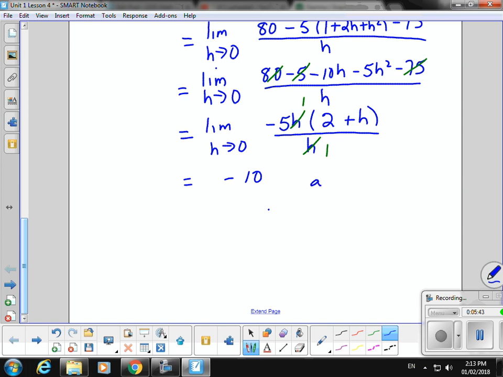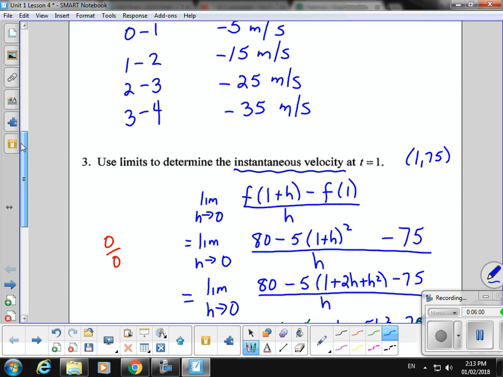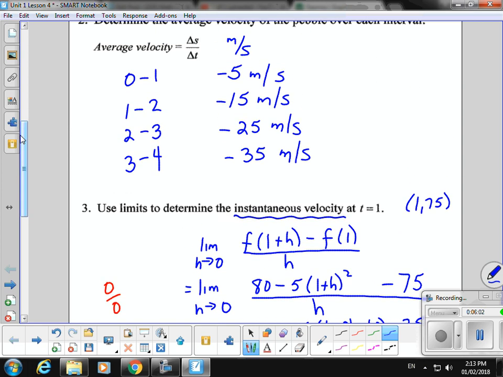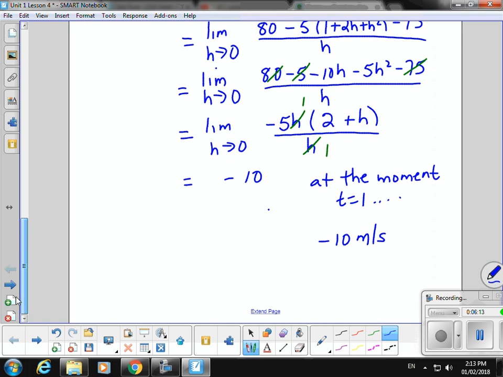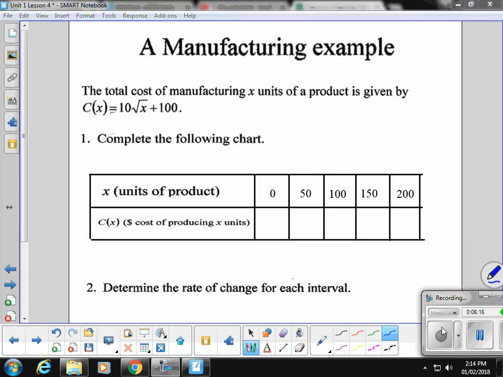So at that moment, t equals 1, the rate of change is negative 10 meters per second. That makes sense. We know that that velocity is changing as we go down this table. And at this moment, right here, we have an instantaneous rate of change of negative 10. That fits in with the average rate of change we looked at previously.